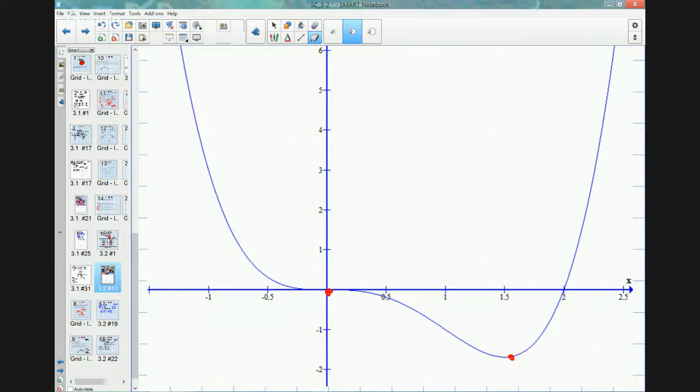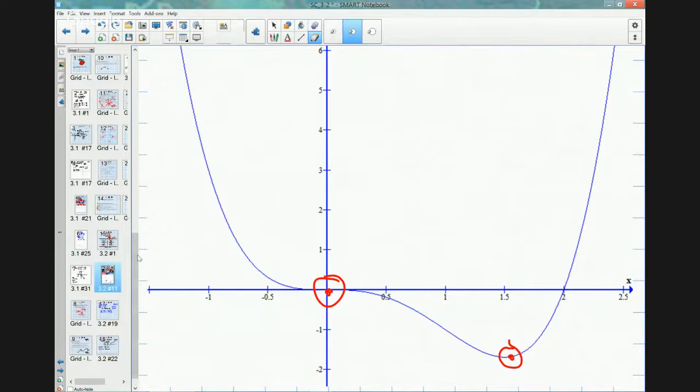So the final thing here is, what are all the relative extrema? Well, this one is not a relative extreme because it kept going down. This one is a relative min, because before it was a negative, after it was a positive.